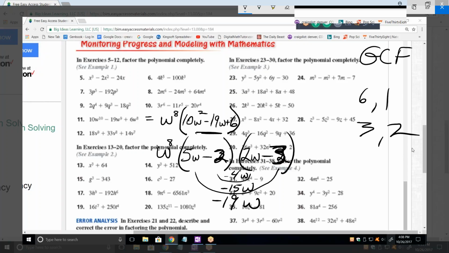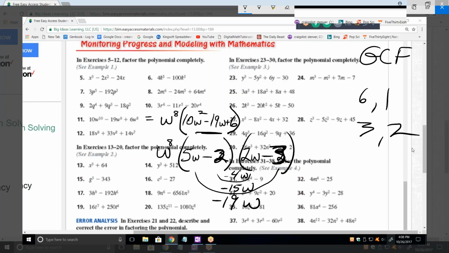But the first combination you try should always be the factors that are closest together. That's why I chose 5 and 2, and that's also why I chose 2 and 3. Now, if 2 and 3 had not worked, then I would have tried 6 and 1. If 6 and 1 had not worked, then I would have tried 2 and 3 with 10 and 1.